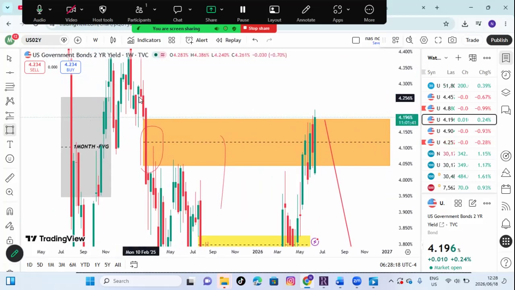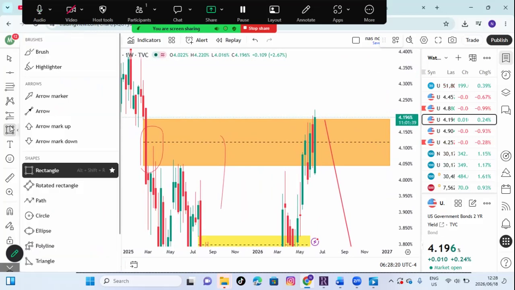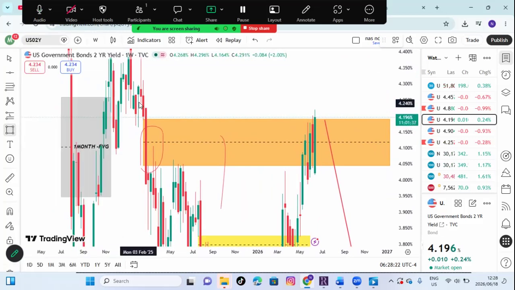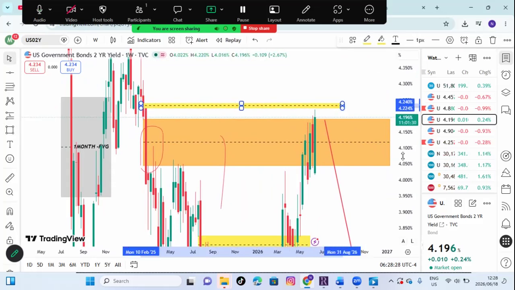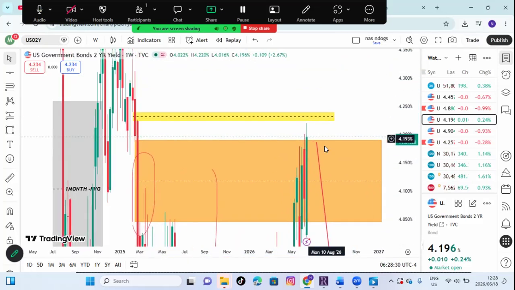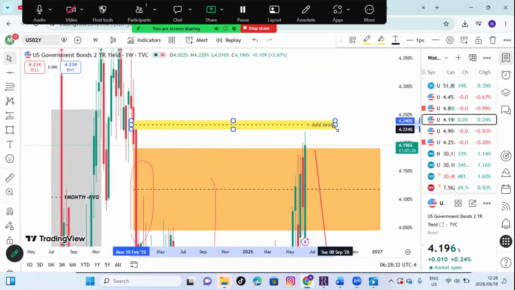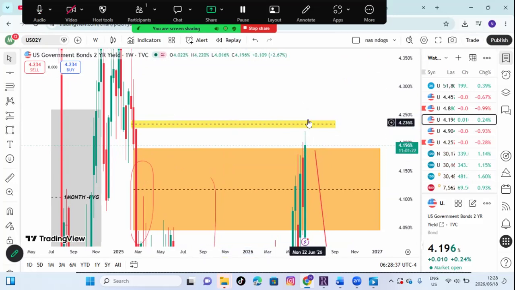Let's mark it out. So if these things fall, if the yields fall, then we know that the NAS will go higher, right? So we can't even get into that one. It's weak.